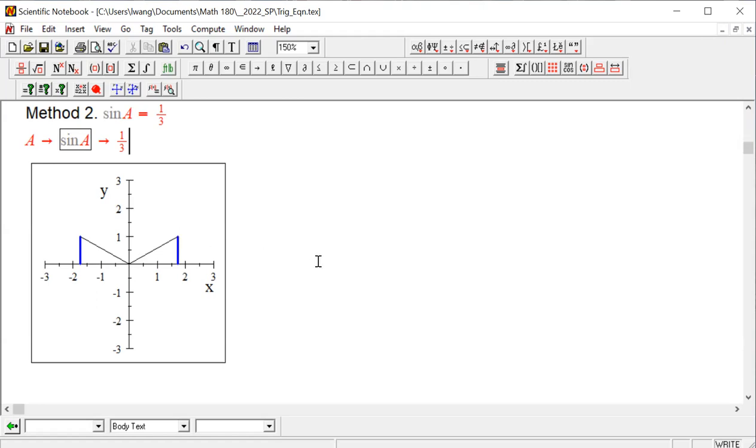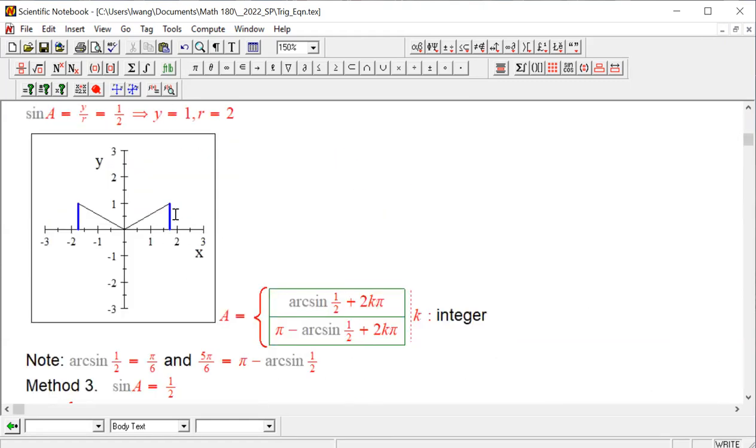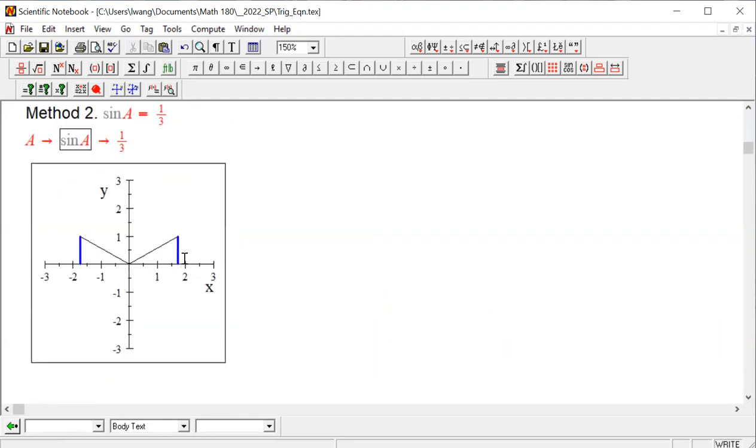In the previous one, when we were doing 1/2, the blue is 1, the hypotenuse is 2, and in this case the blue is 1 because that's still y over r.